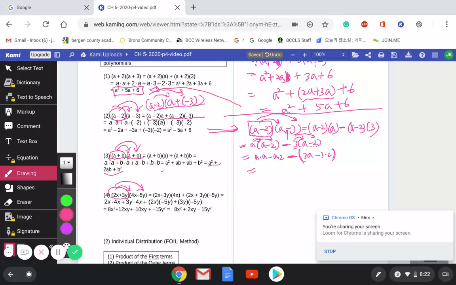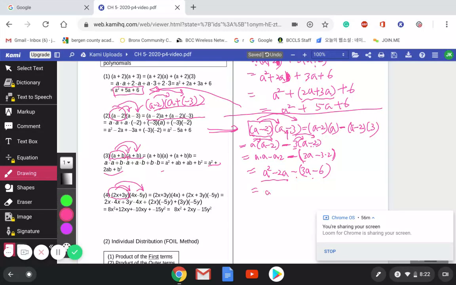So you end up with a squared minus 2a minus 3a minus 6. But again, I have to be careful here because of the parentheses. Now I have to keep this change on the parentheses. That's why I changed it from the beginning, because it gets a little complicated.